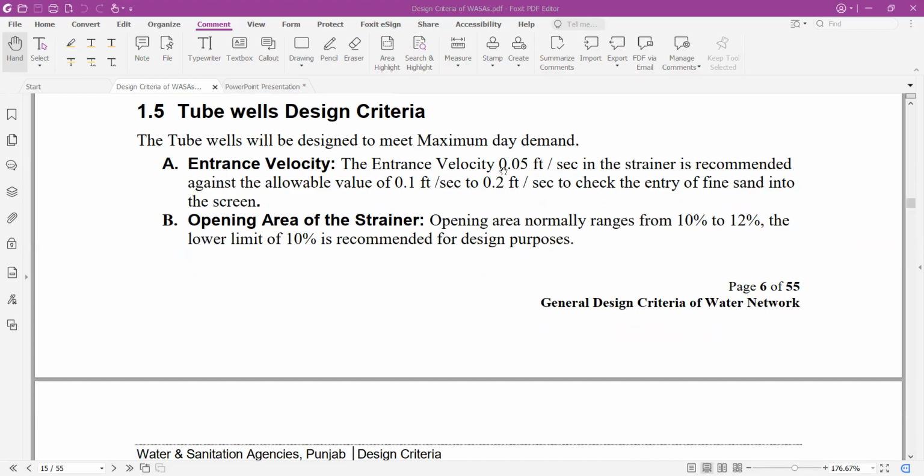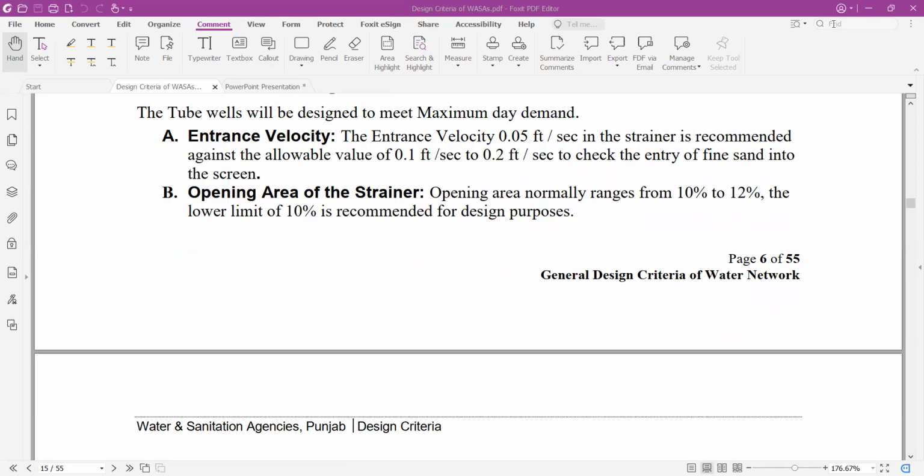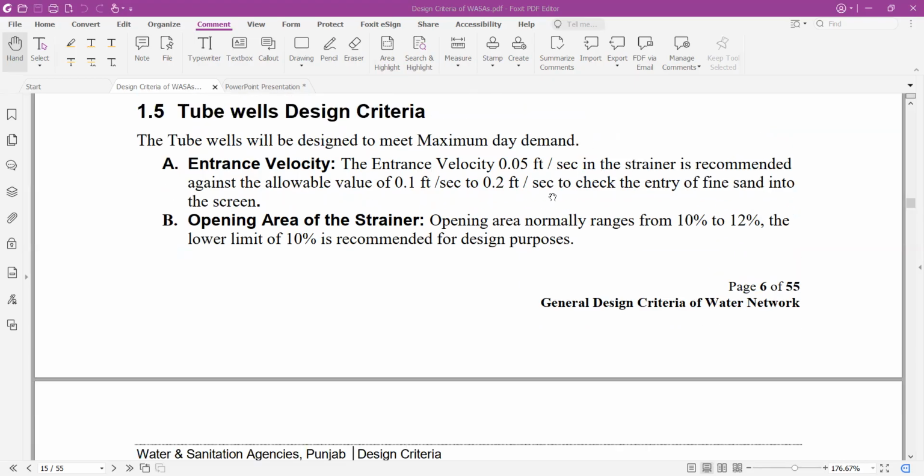Similarly, the strainer should also be provided at the end of the tube well. 0.05 feet per second, this is the entrance velocity for the tube well design criteria.